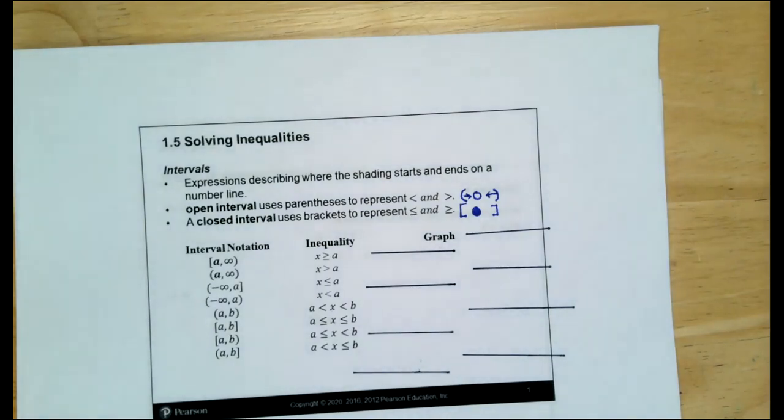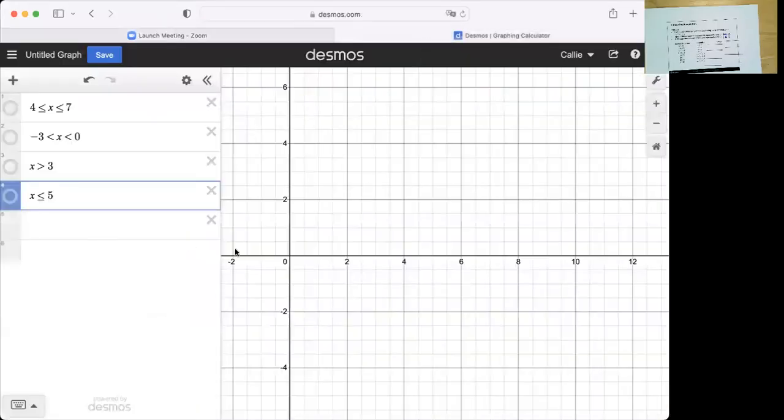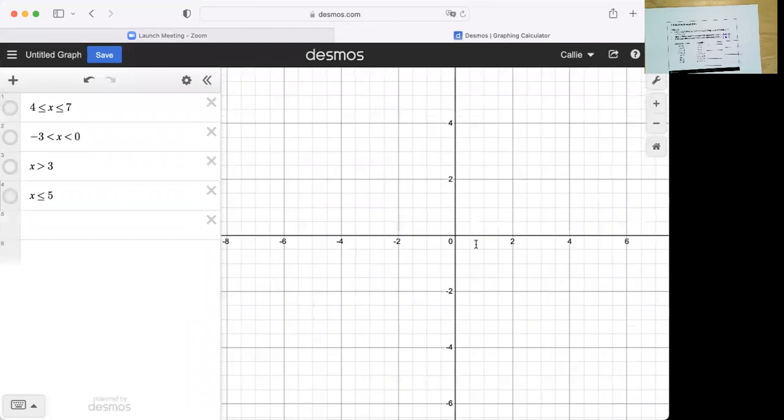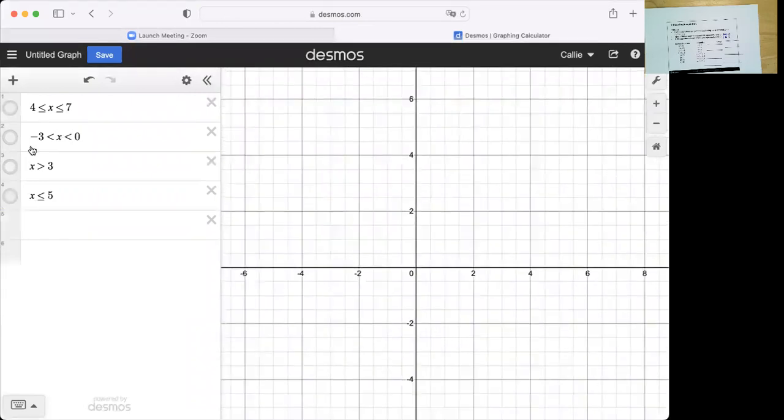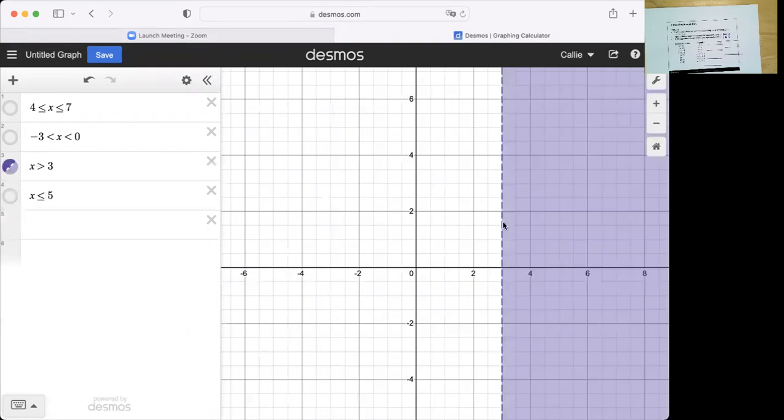Okay, so we read it left to right, and it's helpful to see an inequality as a sentence. Picture a number line. Just like in Desmos, a number line is the x-axis. We can graph x is greater than 3, that third one down there, on a number line.